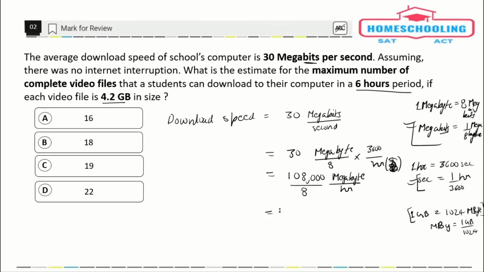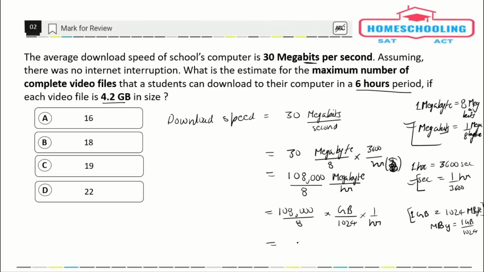So what we're going to do here is 108,000 divided by 8, and megabytes can be replaced with gigabytes by 1024, and we will have hour in the denominator. We kept the hour the same and converted megabytes into gigabytes. We'll get this equation and put it here.